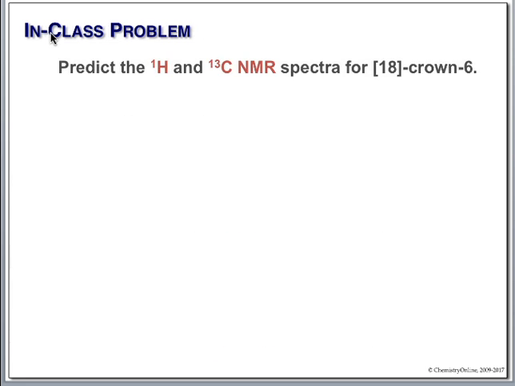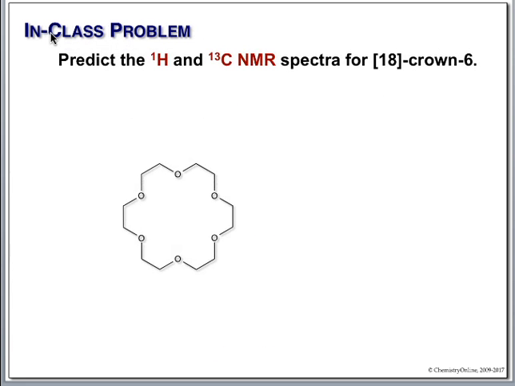All right. Let's talk a little bit about spectroscopy. Remember that from your last exam. If you look at 18 crown 6, what would this C13 spectrum look like? Now remember, what question are we really asking? We're really asking how many unique types of carbons are there? It's a symmetry thing.